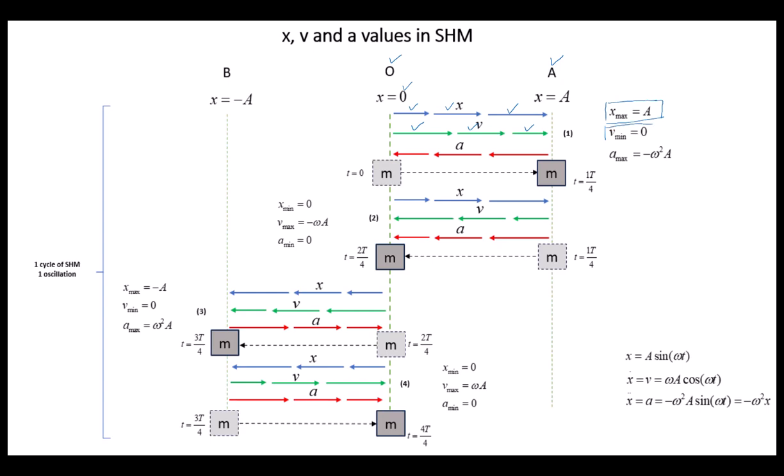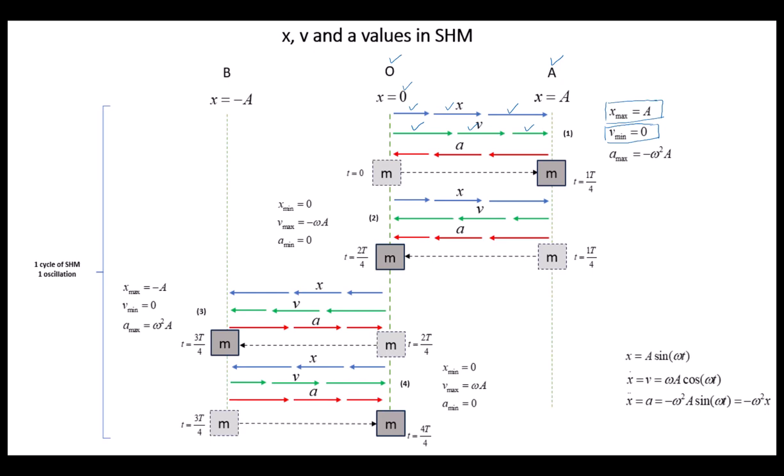So V minimum is equal to 0. Important to mention that the arrow for the velocity is still pointing to the right hand side. That means in this quarter of the cycle, the velocity is positive and it goes on reducing in magnitude.